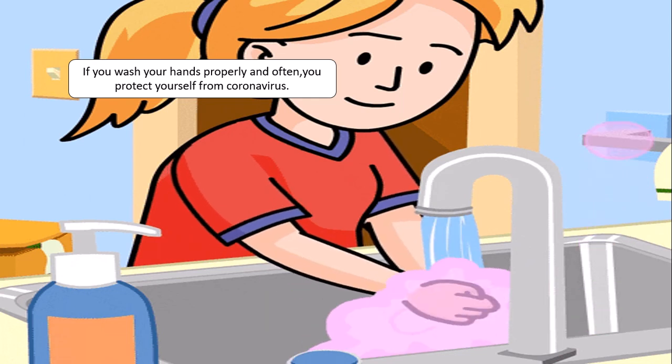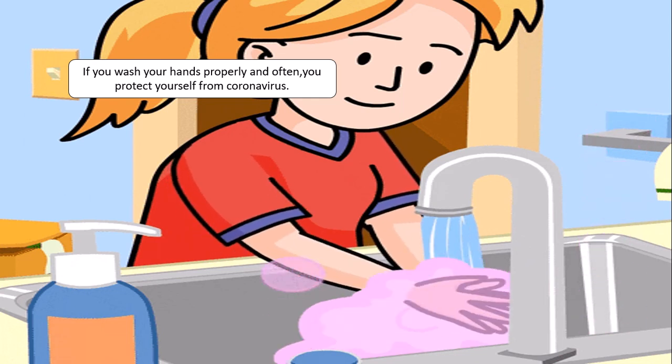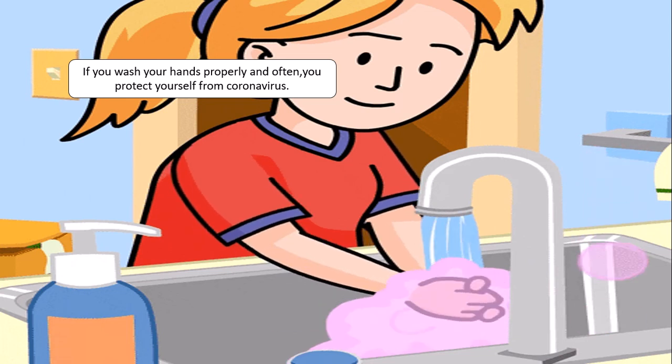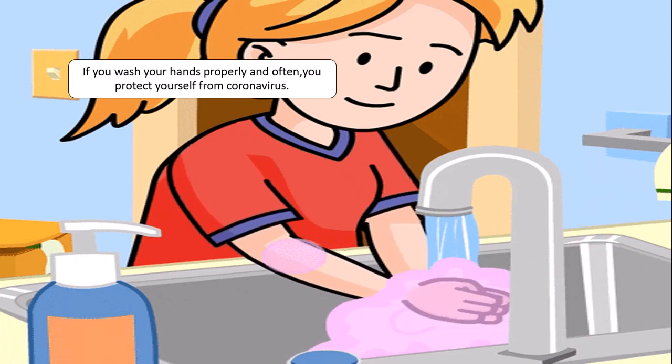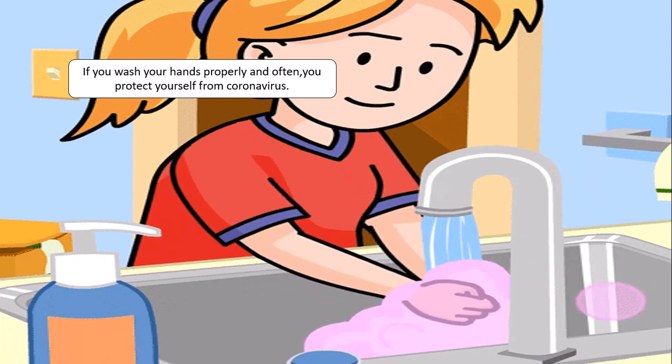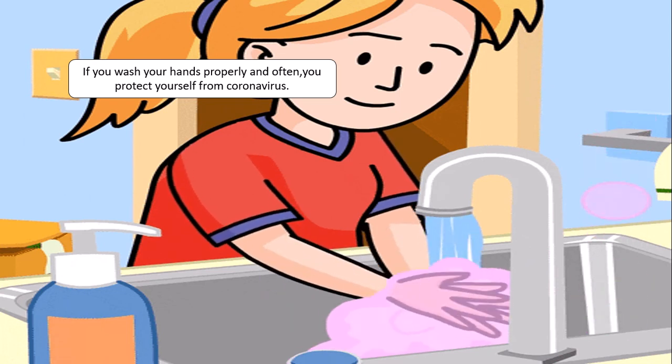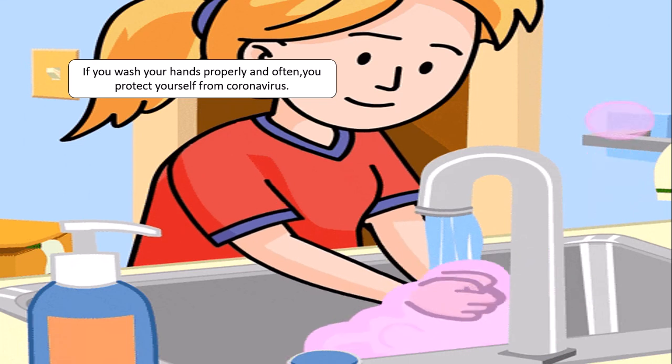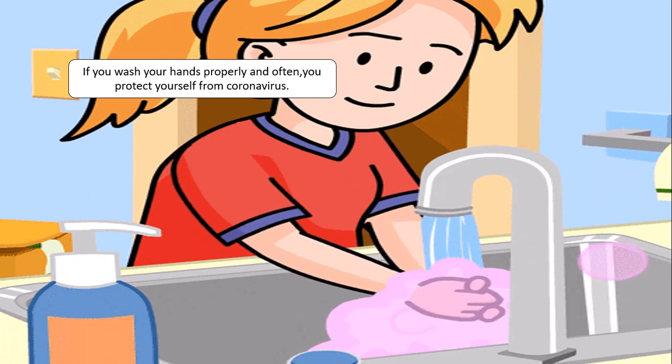So this is what doctors and experts are informing us on social media, that whenever we go outside, we have to wash our hands, and of course use a hand sanitizer. So this is completely true, and this is a fact. So simply we use zero conditional.